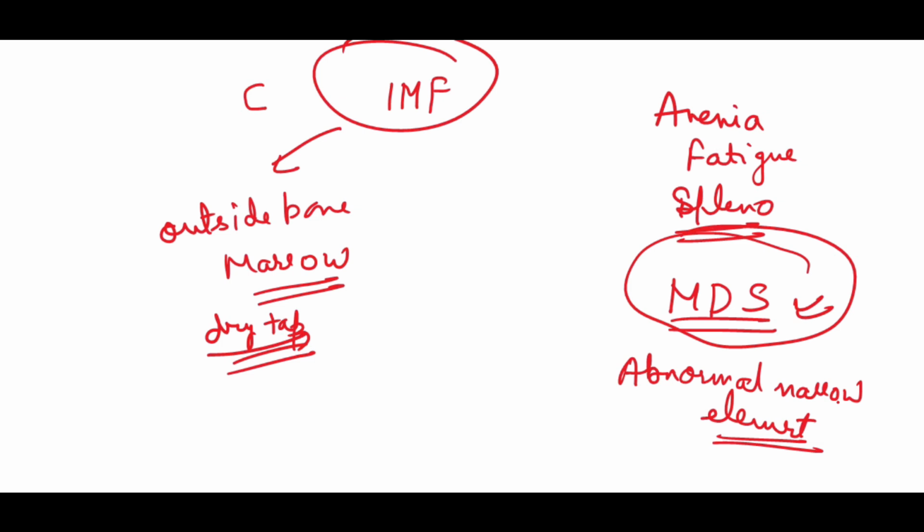Secondary conditions may occur following anti-cancer or aplastic anemia therapy. It is more common in older adults with a slight male predominance. Features include anemia, fever, weight loss, splenomegaly. On laboratory findings, you will see 2 or more blood cell lines affected, that is pancytopenia.